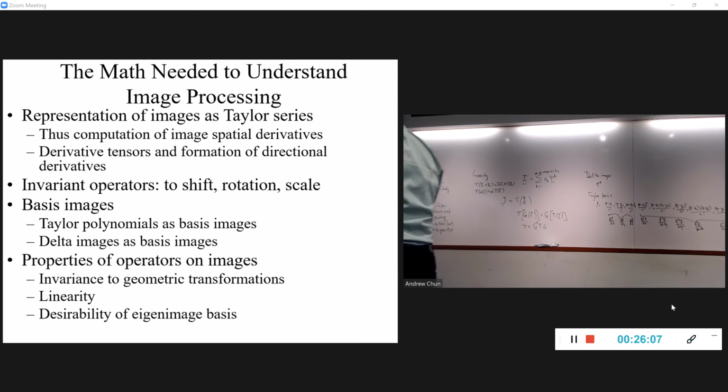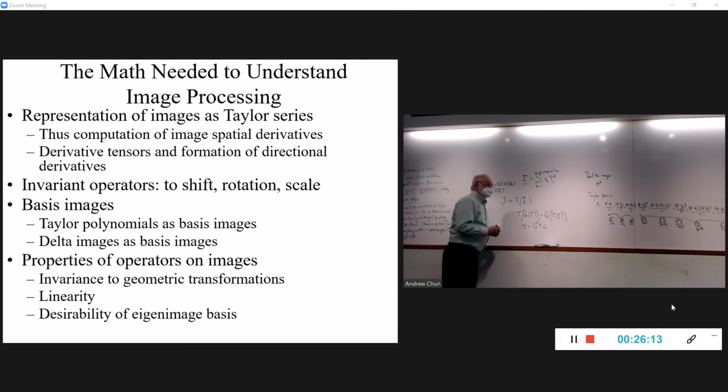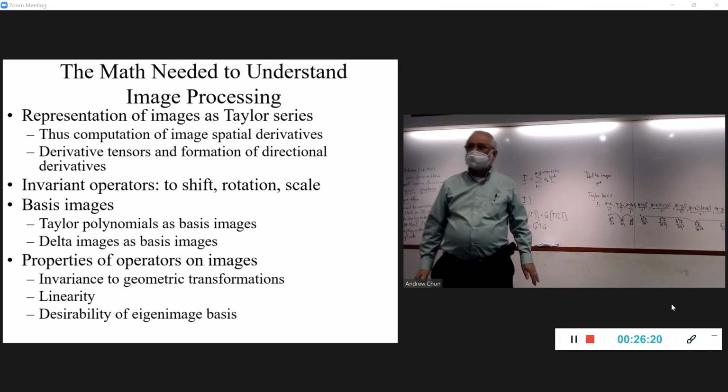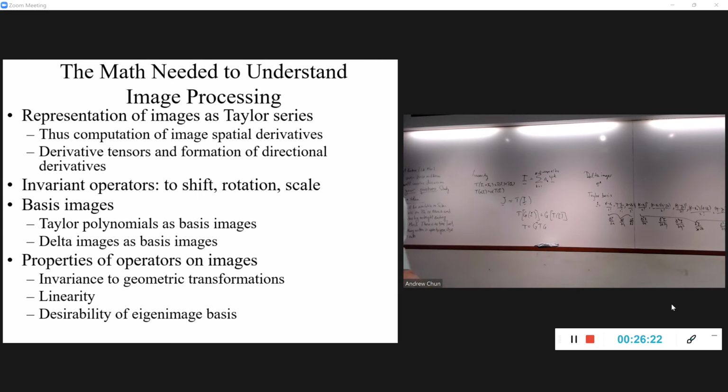And then the next thing we said was, computationally speaking, it was going to be very advantageous if these psi k's produced were uncoupled.